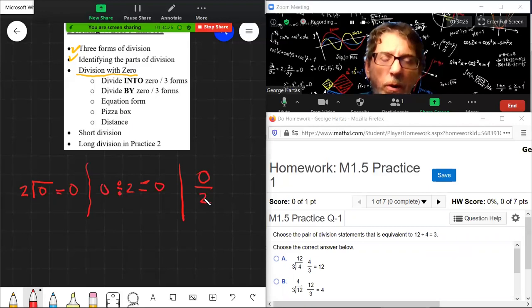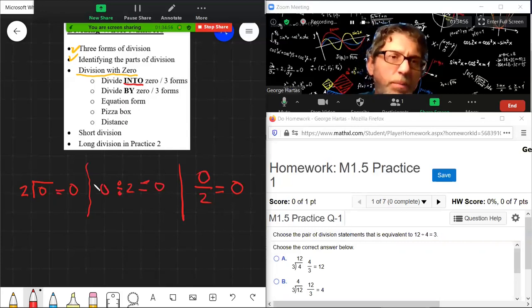When you have 0 in the part, that means the answer is 0. You have nothing. So when you divide into 0, the answer is 0.